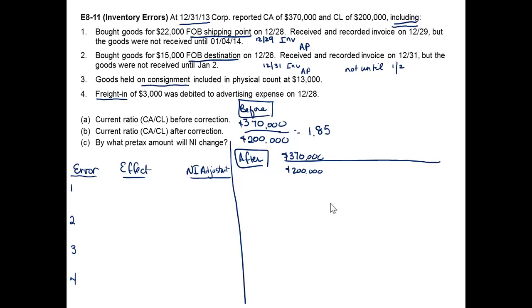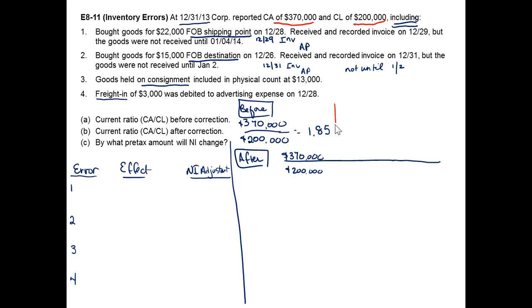Exercise 8-11. In this problem, we're going to look at the impact of errors on the current ratio and the impact of errors on net income. So in number 1, before number 1, we have current assets of $370,000 and current liabilities of $200,000, and it includes the following 4 transactions.